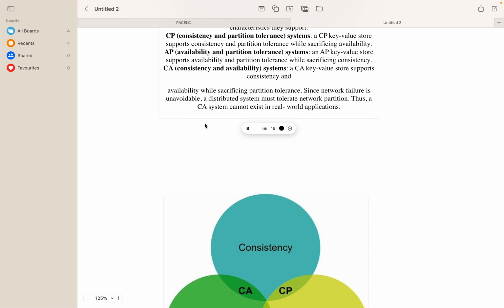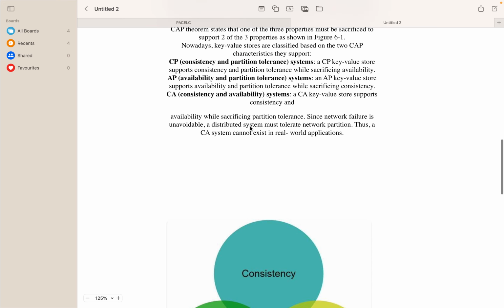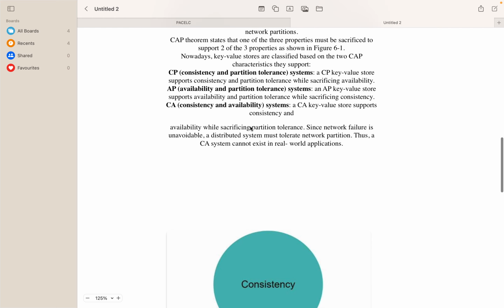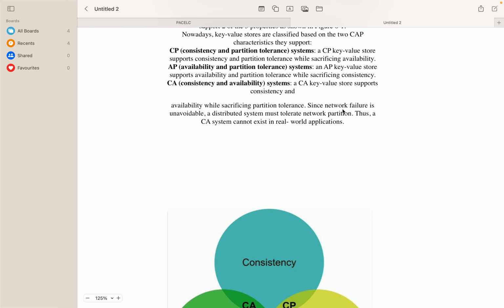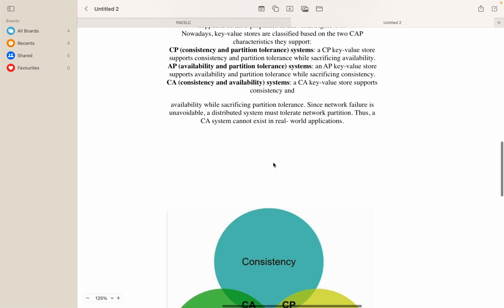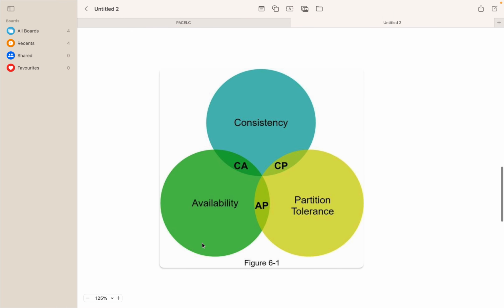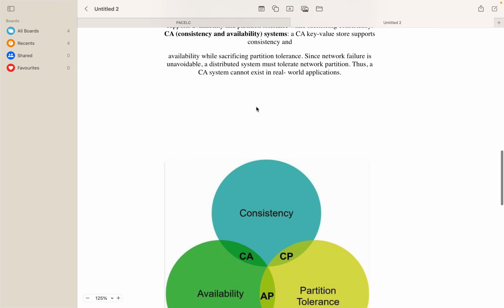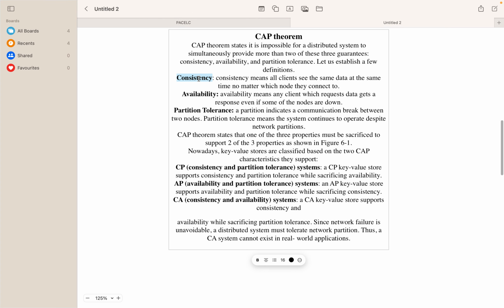Sometimes nodes can be disconnected and cannot reach each other. That's why network failure is unavoidable and a CA system does not exist in the real world. I think till this diagram you are clear, and the basic definitions of consistency, availability, and partition tolerance are clear to you.